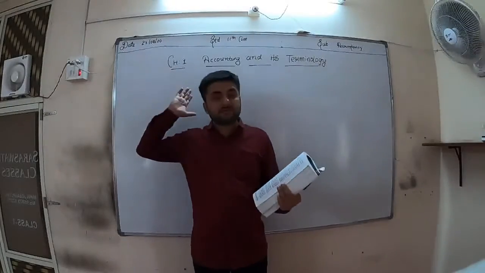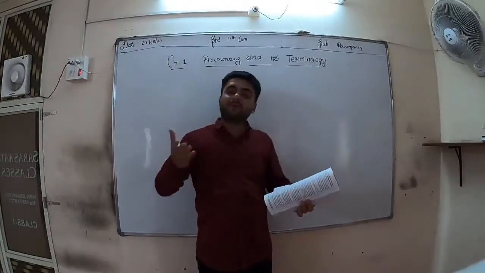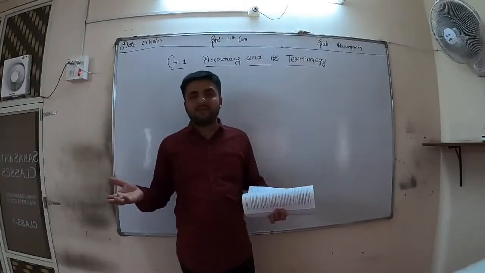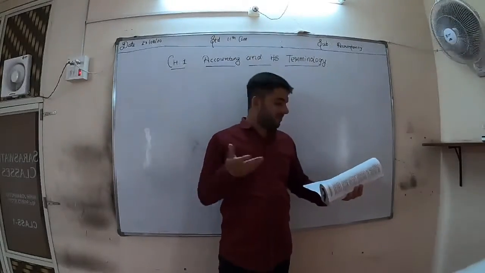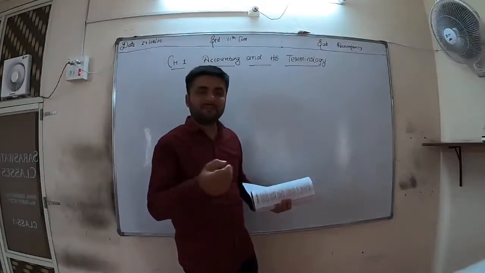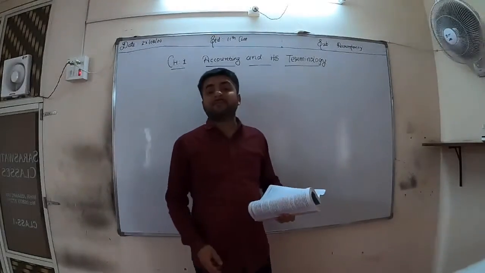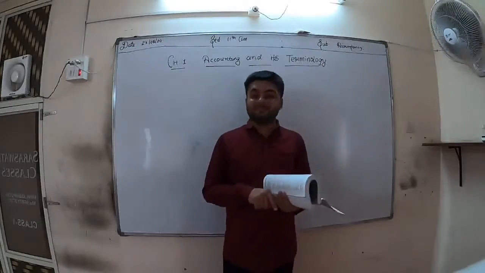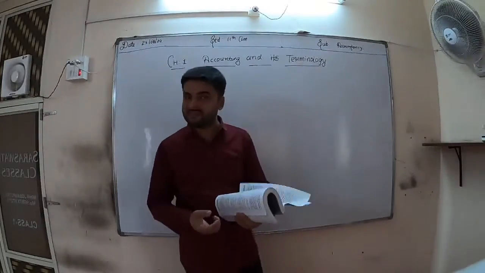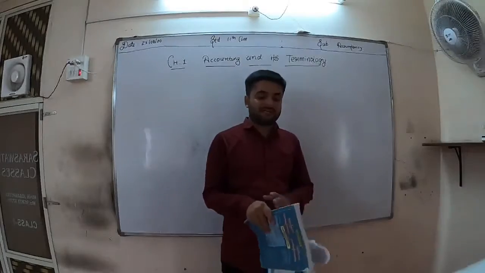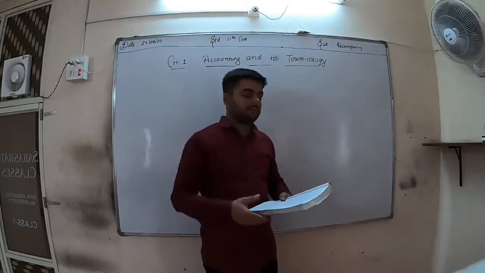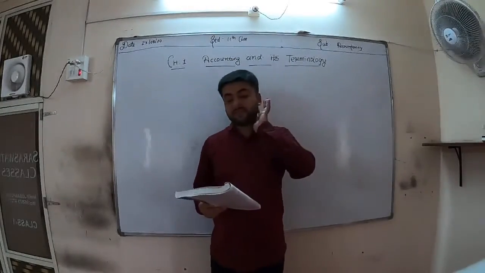Which parties can use it? You only need to know the names, and that is it, because this is only for information. Management. What is management? Those who are controlling and running the business are called management. So management is a user of your accounting information.